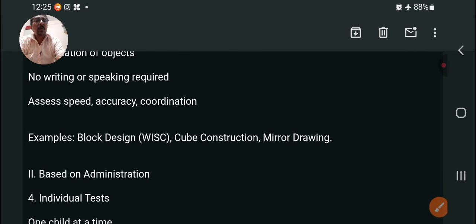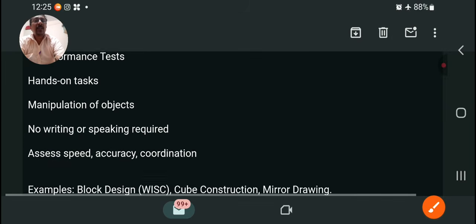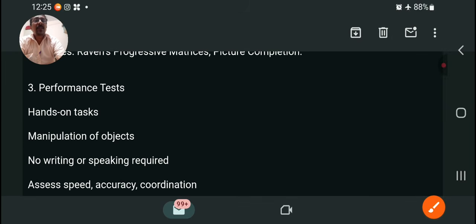Example: block design, WISC, cube construction, mirror drawing. So this is the performance test.